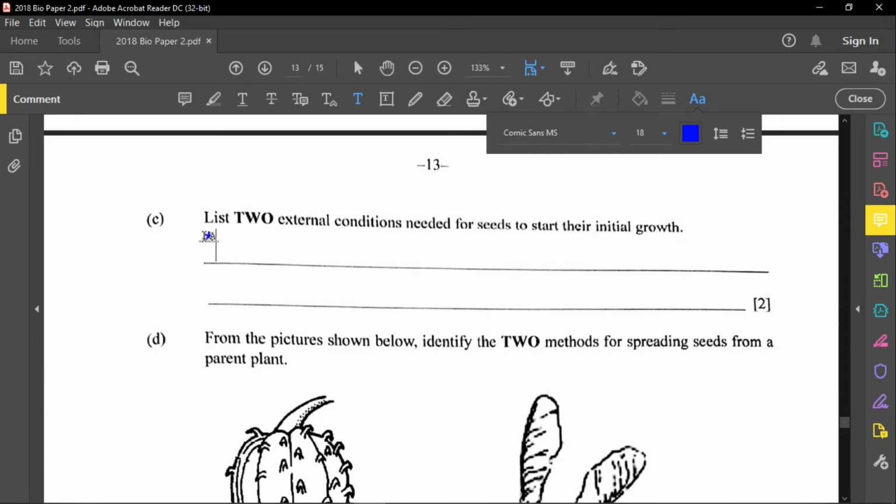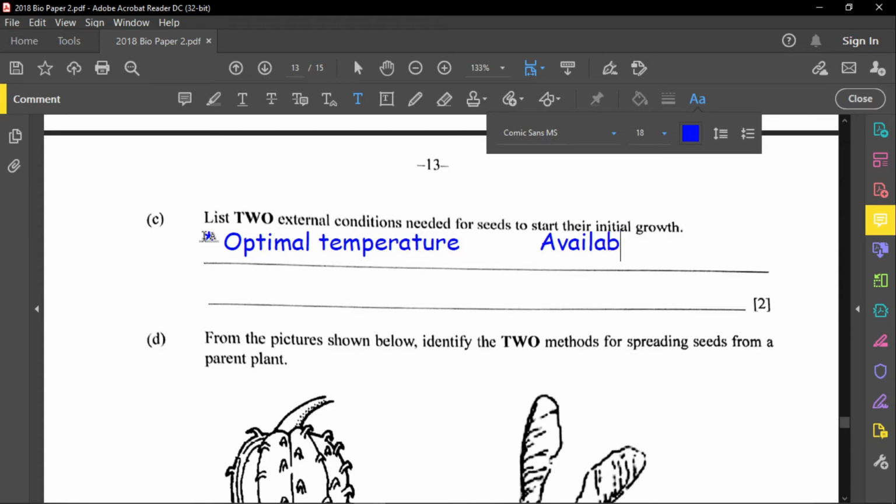What must be present to make germination effective? You must have optimal temperature. Also, you must have available oxygen.